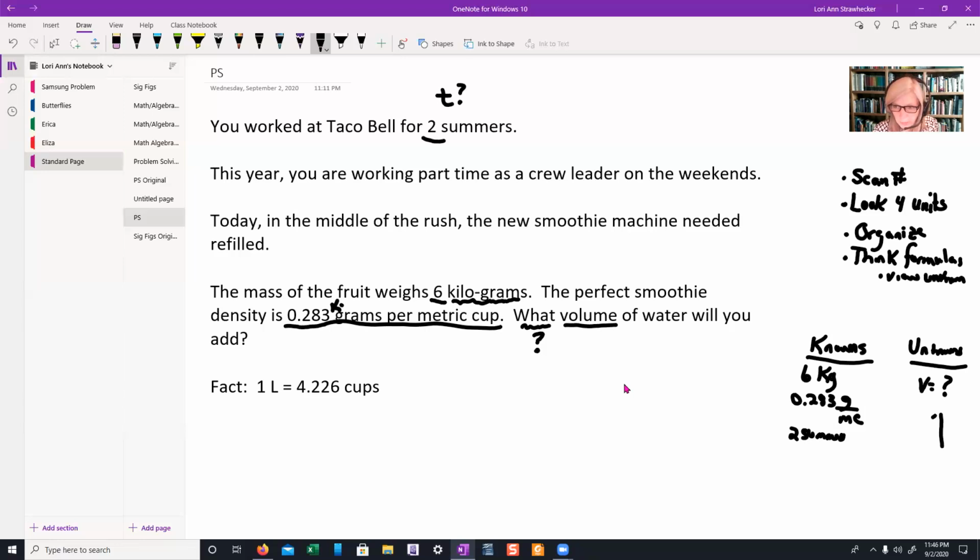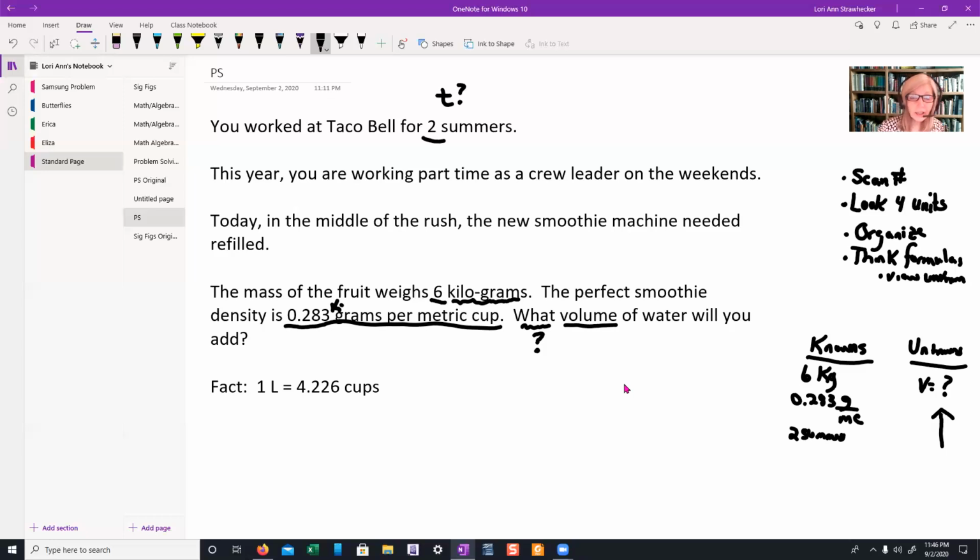So here's my unknown. I'm thinking about volume and I'm saying to myself, okay, what formulas might I know that have to do with volume? Okay, what are some of the principles and ideas that I have been studying in my chemistry class? And I could start making notes about what some of those formulas are.